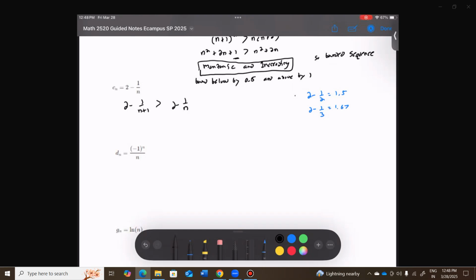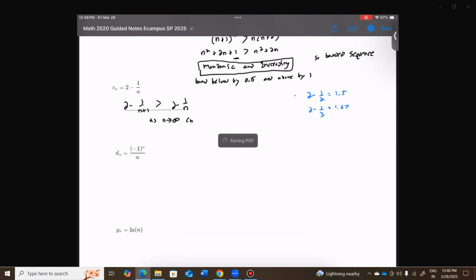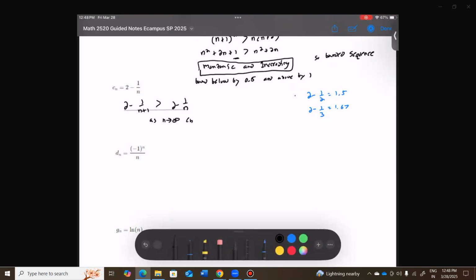Right, so as n goes to infinity, c sub n goes to 2. And at n equals 1, c sub n equals 1.